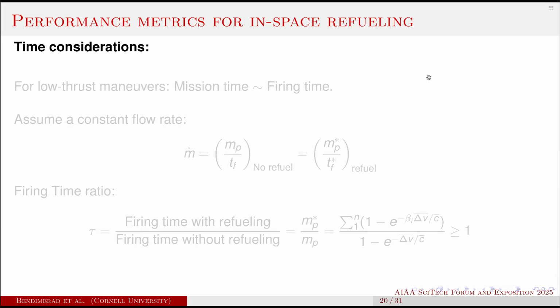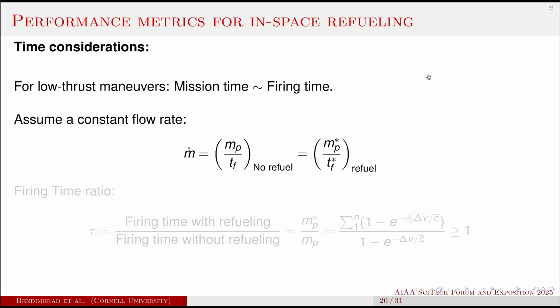We also define another performance metric based on time considerations. So for low thrust maneuvers using electric propulsion, the total mission time can be approximated by the firing time because the firing is continuous over the mission.